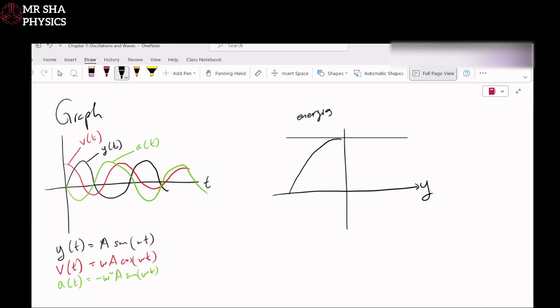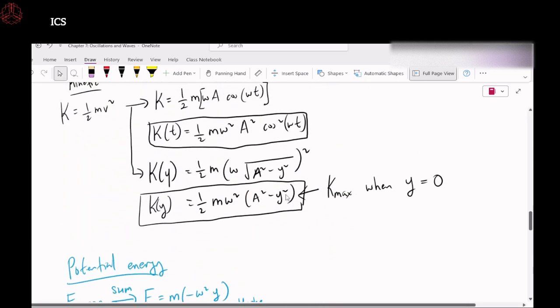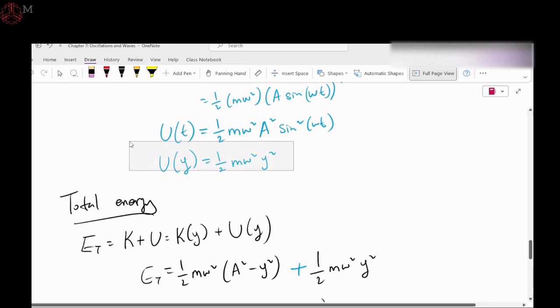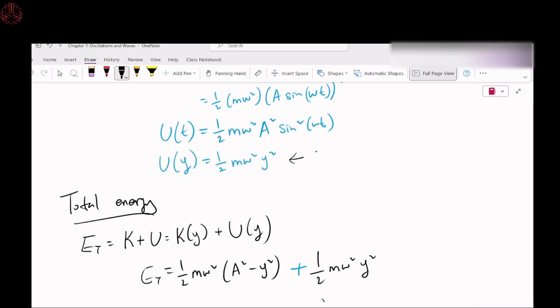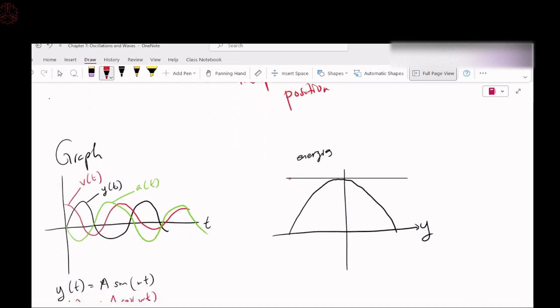I'm going to have something that looks like that, because there's a square there, so it's quadratic. And my potential energy is going to be max, U max, when y is max. So if I draw a straight line here, my potential energy is going to look like that. This is my U, this is my K, and this is my total energy.